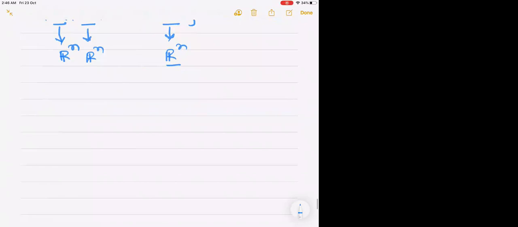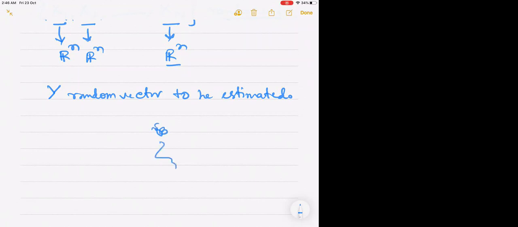Then suppose there is another random vector y which I want to predict, to be estimated from those observations. What could be a situation like this? If you remember in the very first lecture, I had said that there is this fly which is flying within a room. This might be its flight path, and there is someone here who is observing this fly with a binocular and measuring its whereabouts.